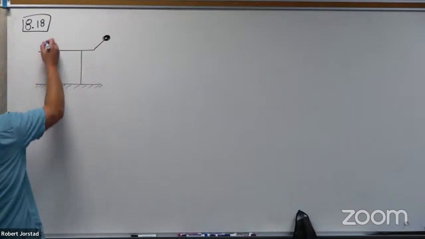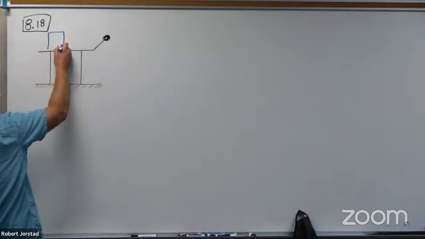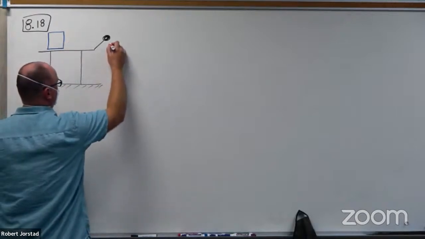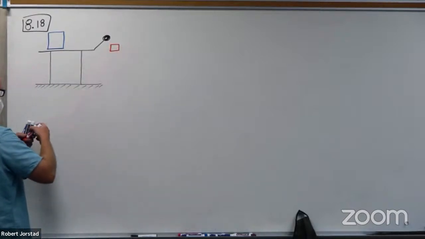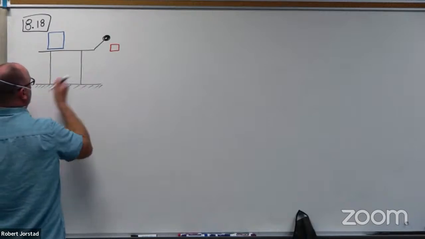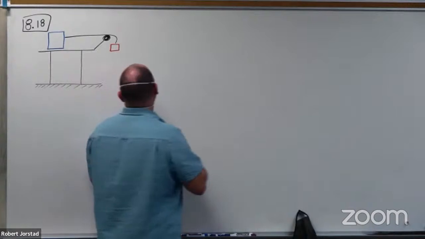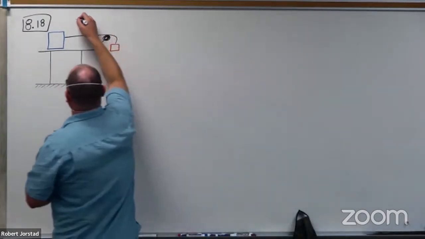I'm going to draw a blue block and a red block. And I think of the solutions, I may have accidentally done red and green, so if so, I'm sorry if this doesn't match perfectly. I know that looks kind of crappy, but whatever. I'm going to call this stage 1.